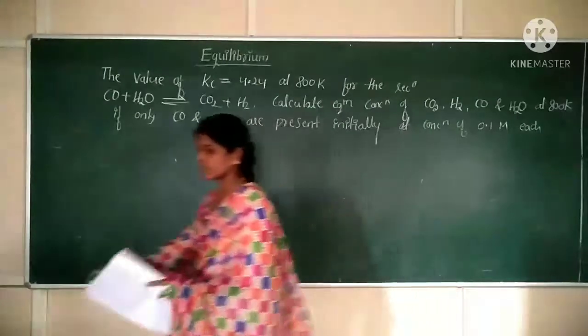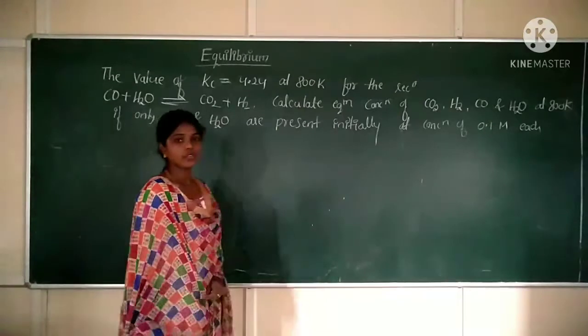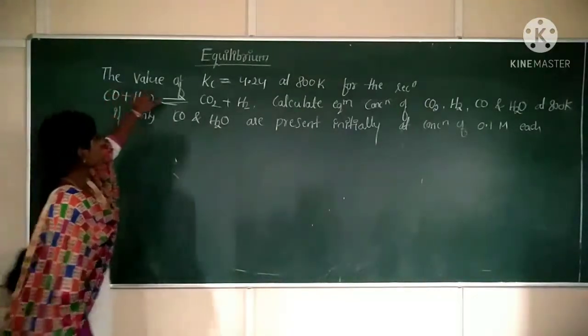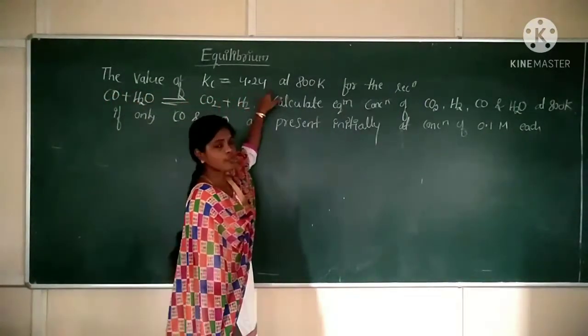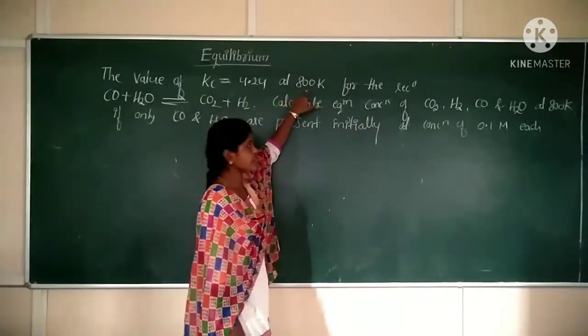So this is the given question. Okay. So the given question is the value of Kc is 4.24. What is the Kc value again? 4.24 at 800 Kelvin. Okay.